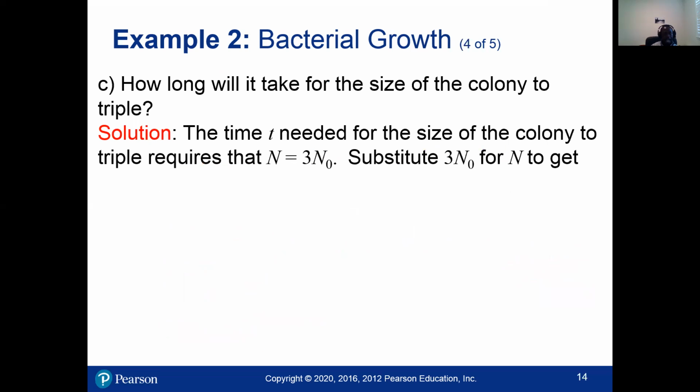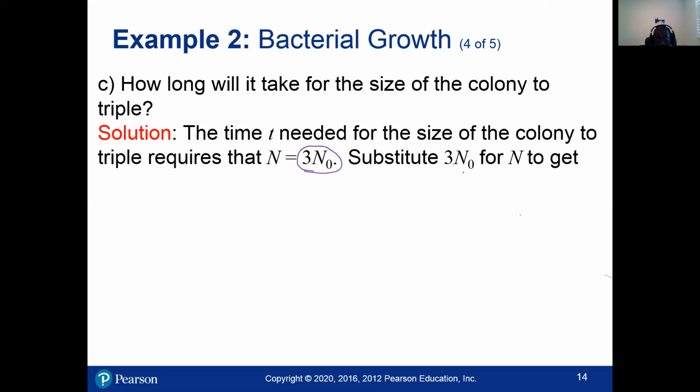Okay, part C. How long will it take for the size of the colony to triple? Like I said, the time needed for the size of the colony to triple requires that your N of t is equal to 3 times your original, the initial amount, or initial number of the bacteria in the colony.